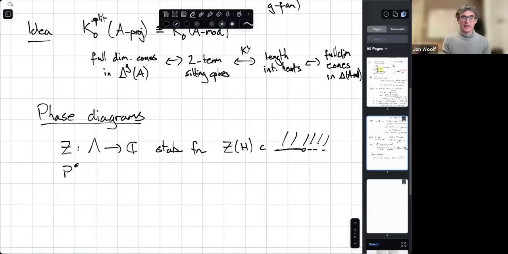So then we can define semi-stable objects. So the semi-stable objects of phase phi are those H in H, such that the phase of any subobject is less than or equal to the phase of H, which is equal to phi.